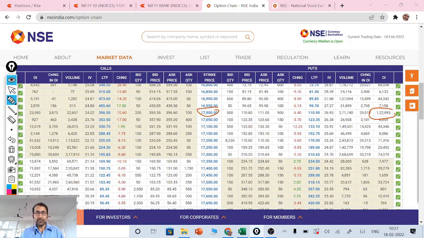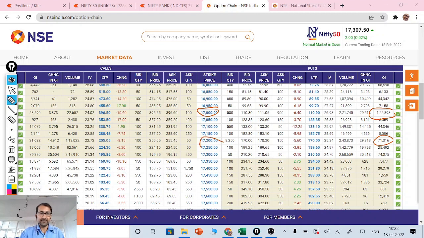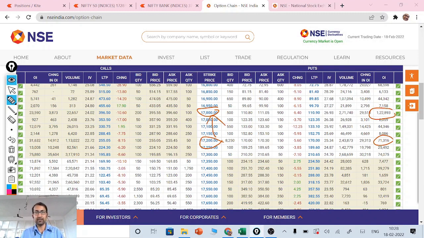So 17,000 is going to be a major support, and the next build-up is at around 71,316 contracts at 17,200. If 17,200 breaks, the next level is 17,000 as the option chain suggests.